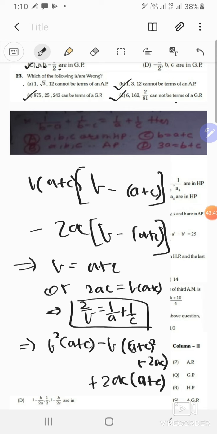And that's obvious. That is pretty obvious. Yes, because if it is a plus c, then this is automatically 1 by a plus 1 by c, or a, b, c have to be in harmonic progression. So a, b, c are in HP, or b equals to a plus c, so a and c both are correct in this case. It was nice.